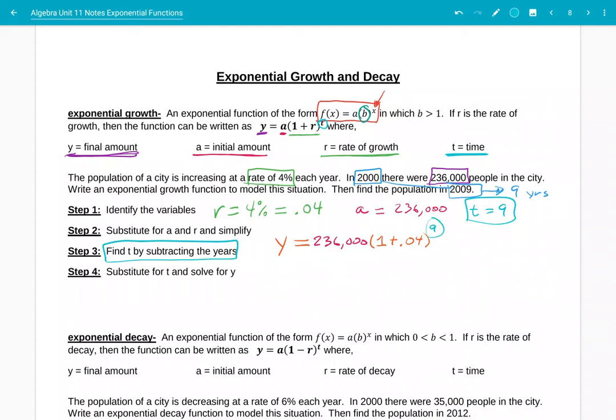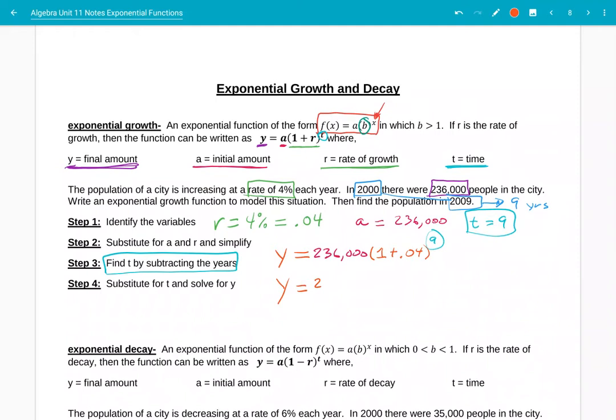There it is again right there. Substitute for T and solve for Y. Well, let's simplify. So Y equals 236,000. 1 plus 0.04 is 1.04. And then there's 9.